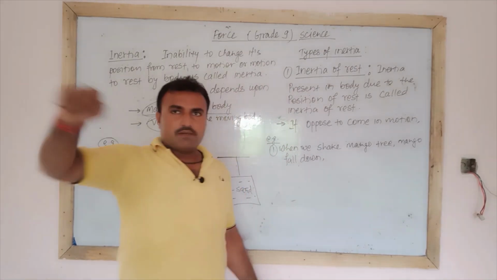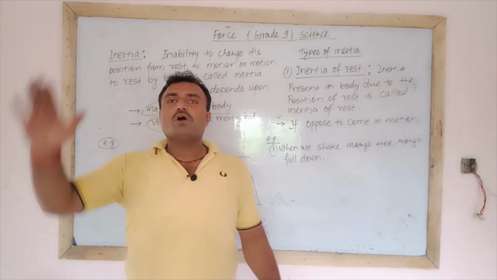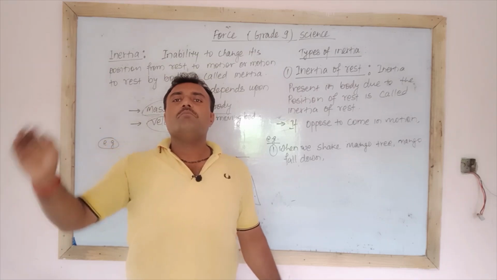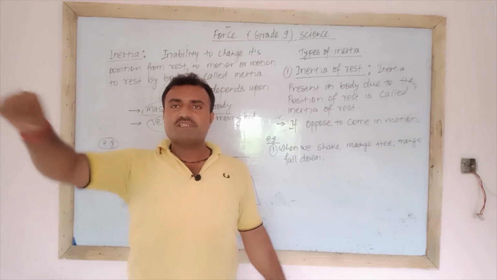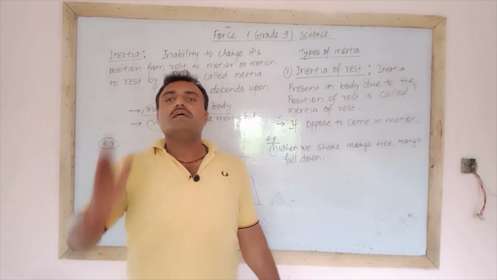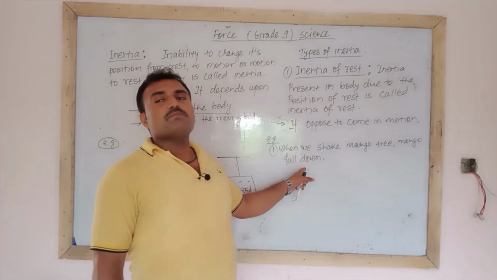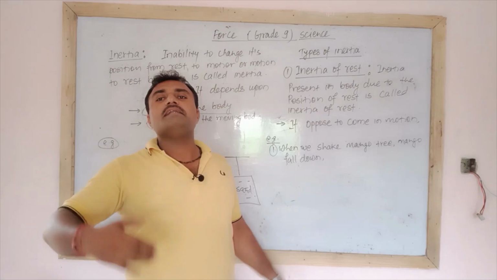When we shake a branch of a mango tree, mangoes fall. Why? Because on a branch, mangoes are at rest. When we shake the branch, it suddenly comes in motion. Inertia of rest present in the mango opposes coming into motion, and it gets separated.